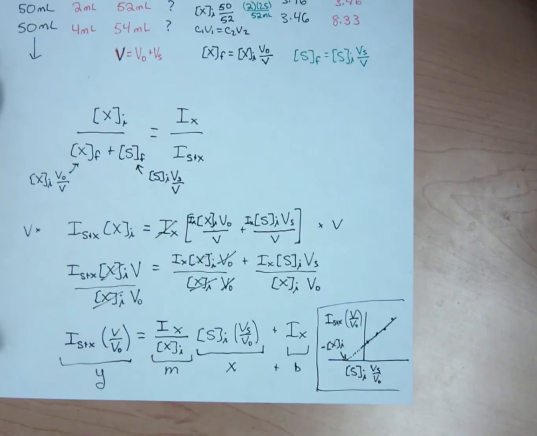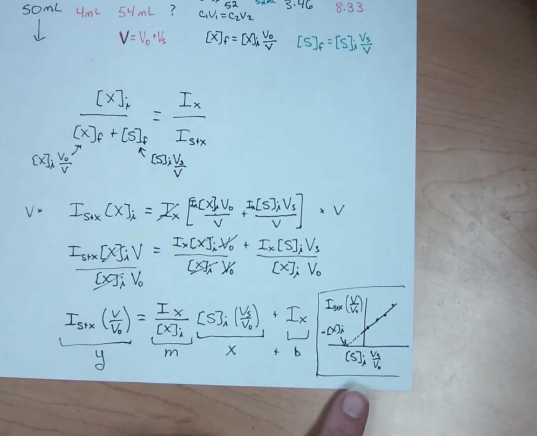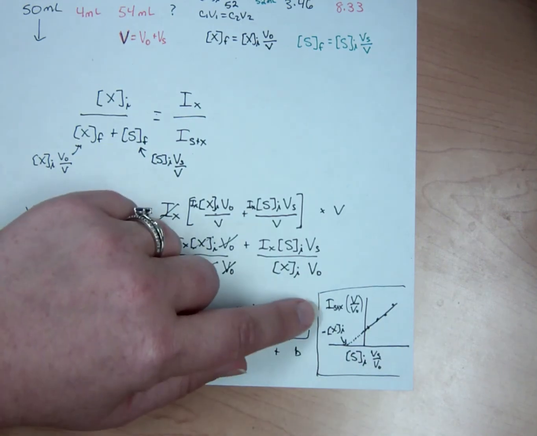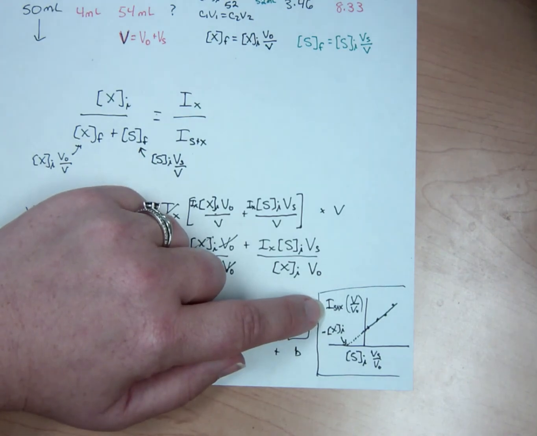At the end, when we plot the concentration of our standard initially times the volume of standard as it changed throughout our experiment, divided by our starting volume of sample, we got a plot on the x-axis that we correlated with our instrument response at each point in this particular experiment.